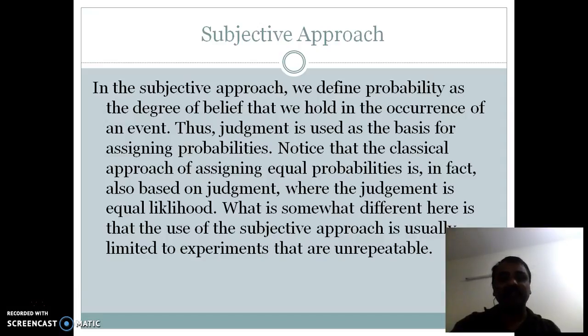Notice that the classical approach of assigning equal probabilities is in fact a particular scheme of assigning probability based on a judgment, where the judgment is equal likelihood. What is somewhat different here is that use of the subjective approach is usually limited to experiments that are not repeatable.